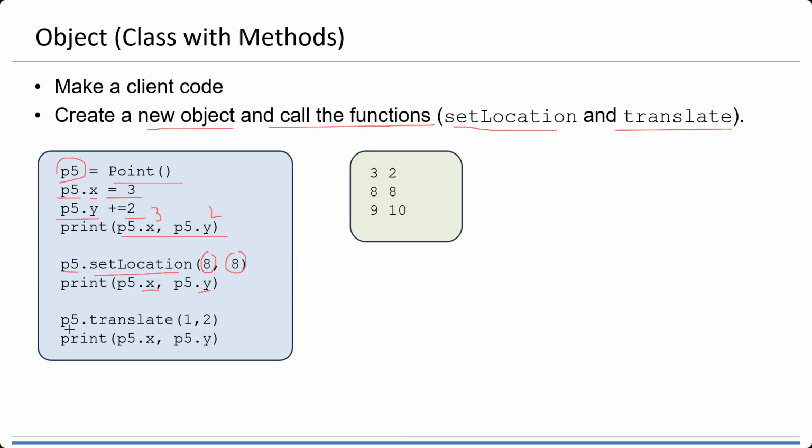We want to do the translation from the x and y. Previously it is 8, it is 8. 8 will be plus with 1, then it will be 9. And y will be added by 2, then it will be 10. So you can see the result like this.